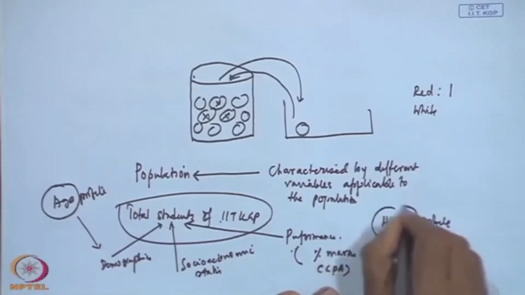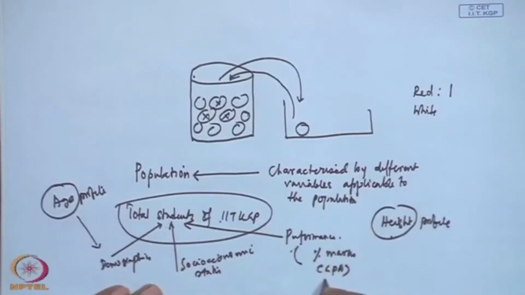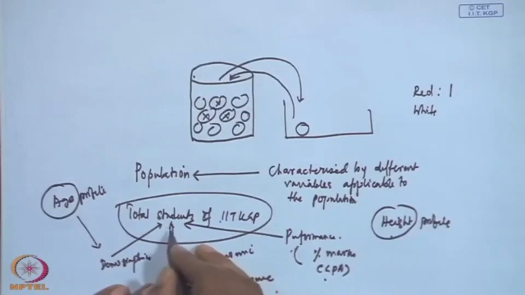So, height, age, percentage of marks, CGPA, and under socio-economic status, family income, are all variables which characterize the students of IIT Kharagpur.